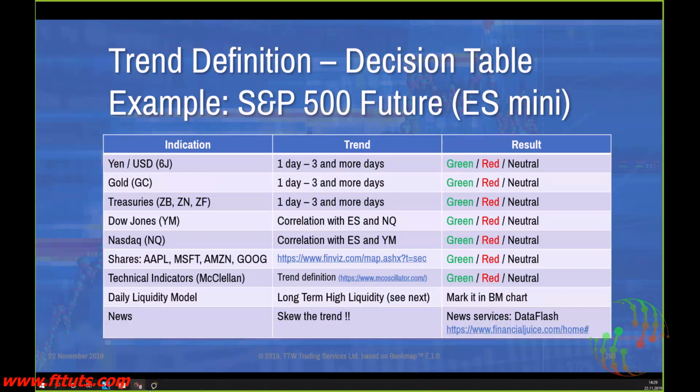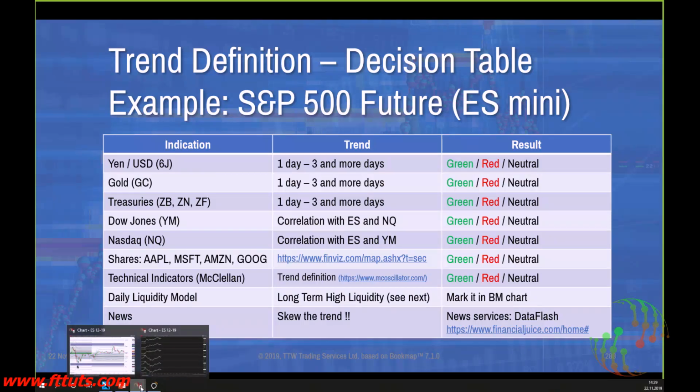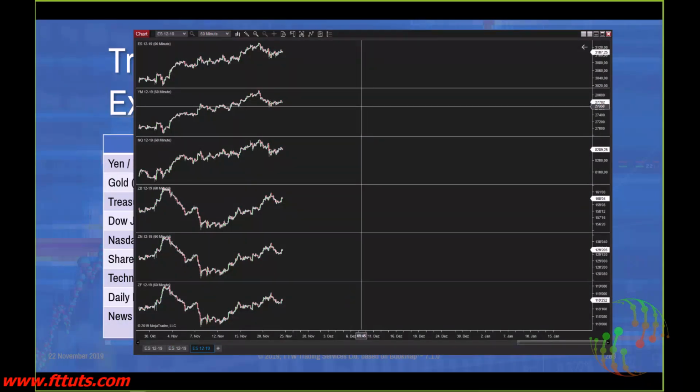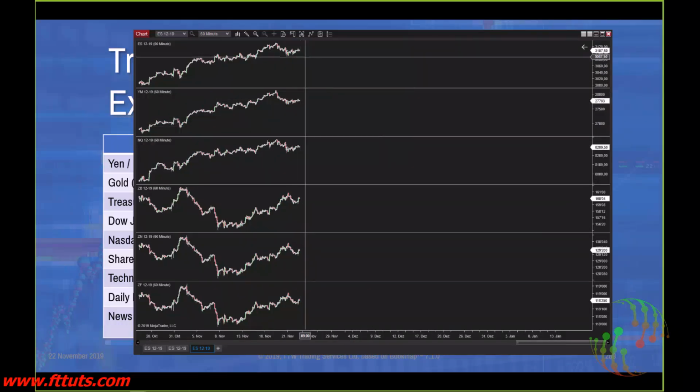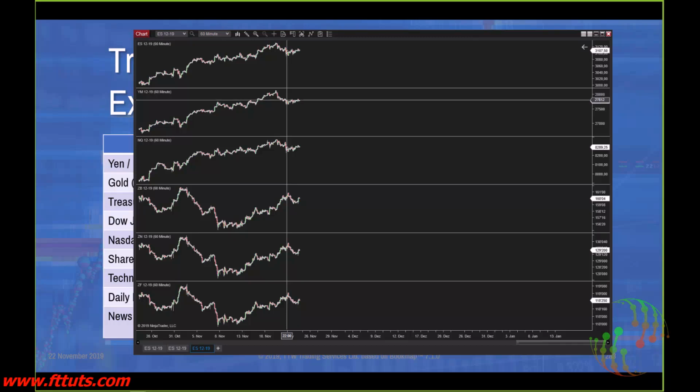Let's see at this one, what is the Nasdaq doing? So this ES, YM and NQ, they are in sync so far, as you can see. There's no divergences. Sometimes YM is not following the NQ and as well as ES.